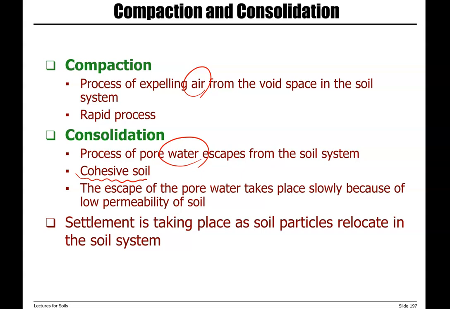It happens during the service life of a structure because, again, fine grained cohesive soil has very low permeability. So it takes longer for water to get out of the soil, and that's why it's a function of time, and it happens slowly. Again, because of the low permeability of soil.